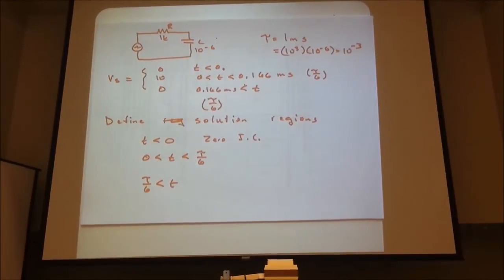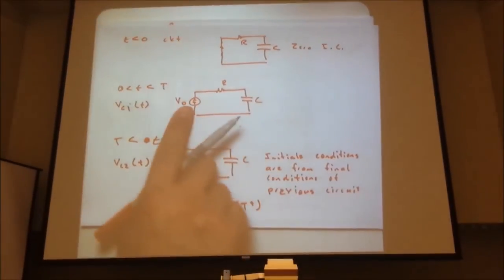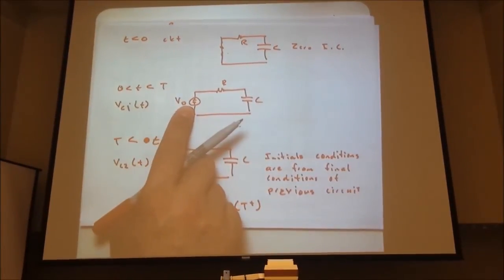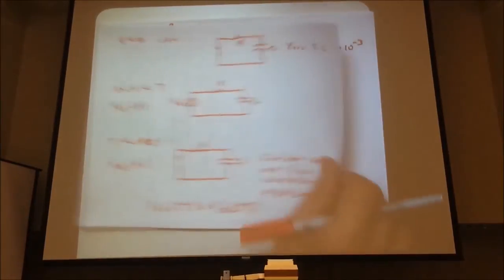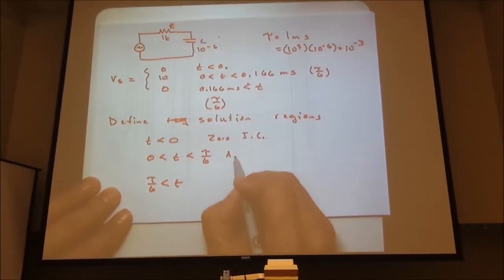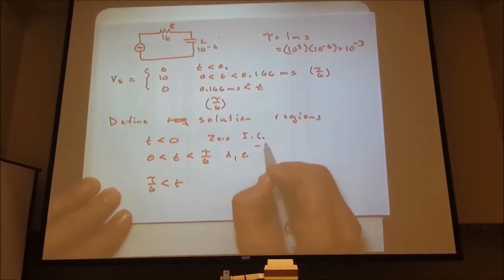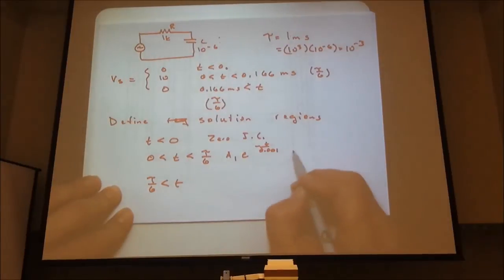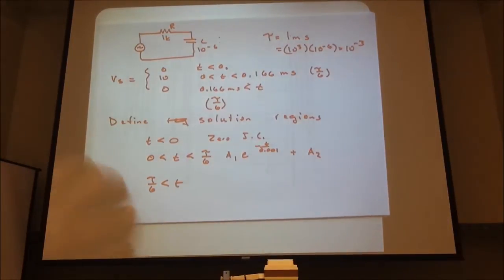Has it changed? We already saw the circuit. This is a solved problem. If this is a constant, this is an RC circuit. So we can go ahead and directly write A1 e to the minus t over 0.001 plus A2.